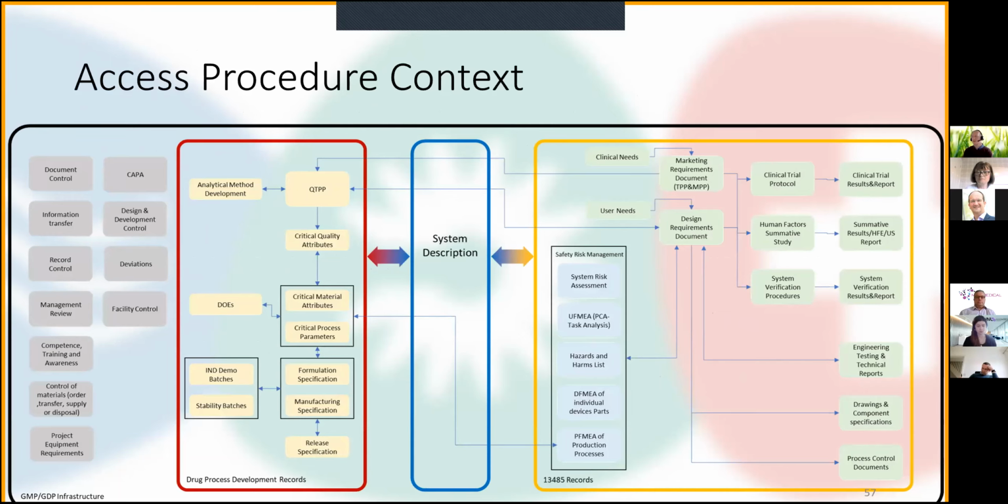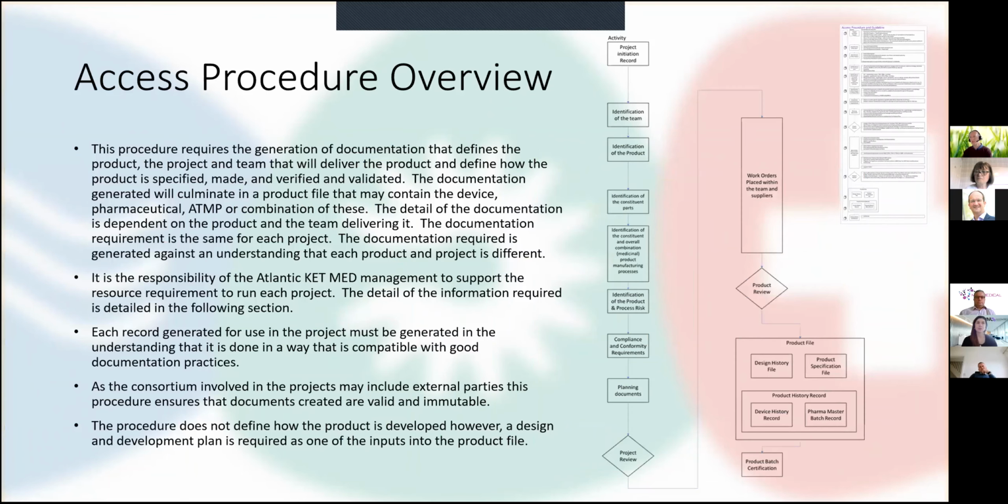I love this slide because it just gives you in one picture an overview of very much the records that you'll actually create, and it provides a very nice context for the work that you'll actually be doing. So I'll actually run through an overview now of the access procedure.